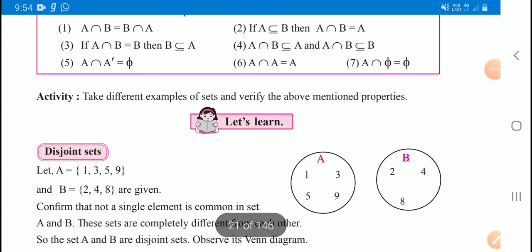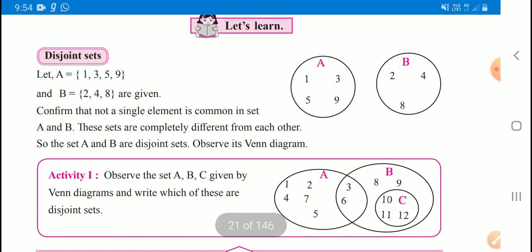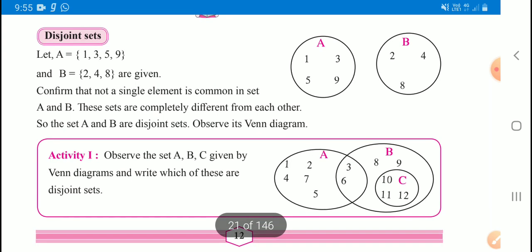Now next to that is disjoint sets. What is meant by a disjoint set? Here they have given one example. Let A is equal to 1, 3, 5, 9, and they showed this set using a Venn diagram. And B is equal to 2, 4, 8. These sets are given. Confirm that not a single element is common in the sets.